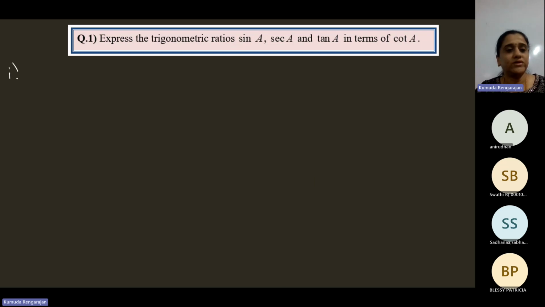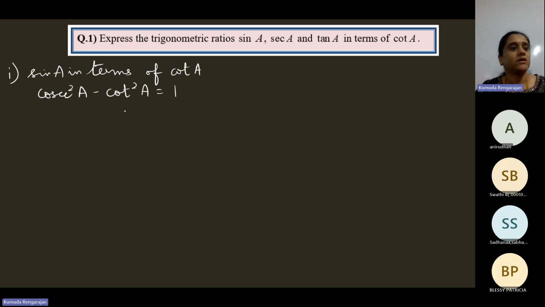So to answer the first one, sine A in terms of cot A, we write this identity: cosecant square A minus cot square A is equal to 1. Now we write cosecant in terms of cot.